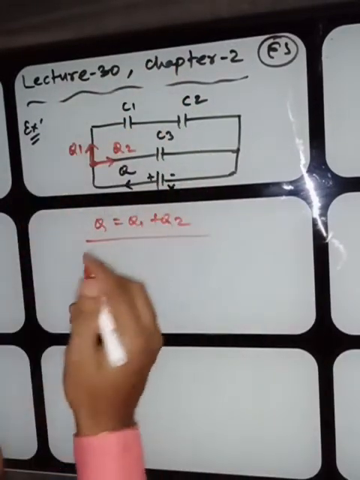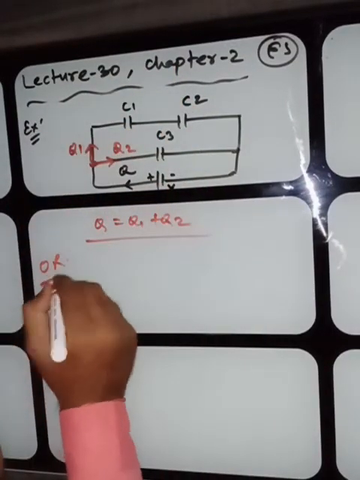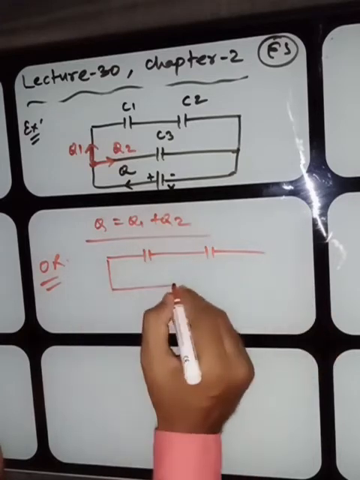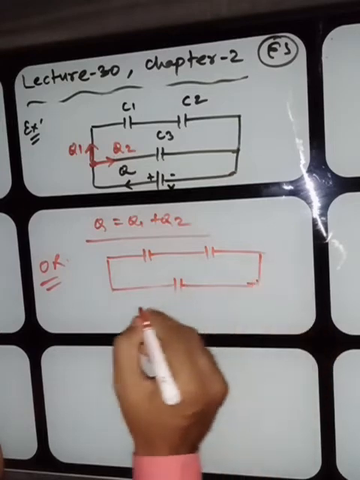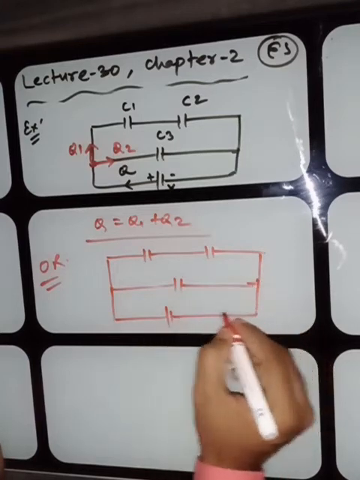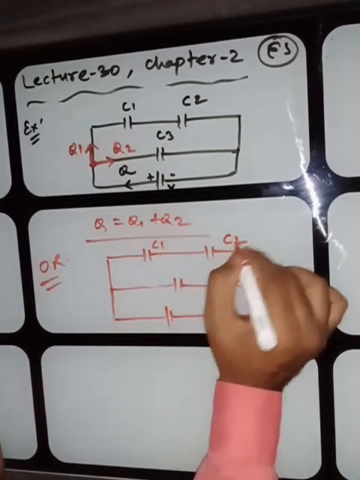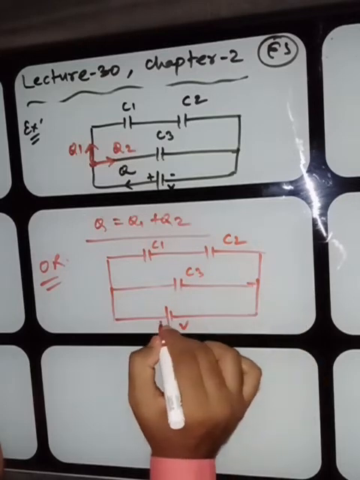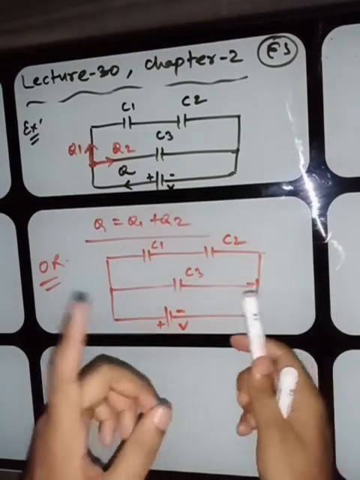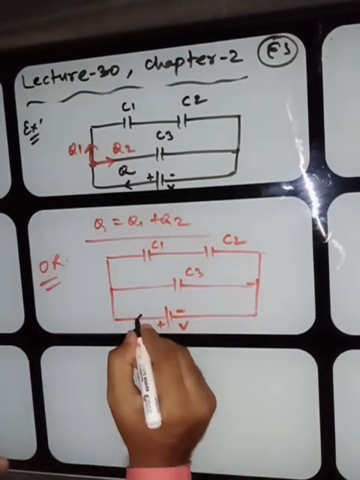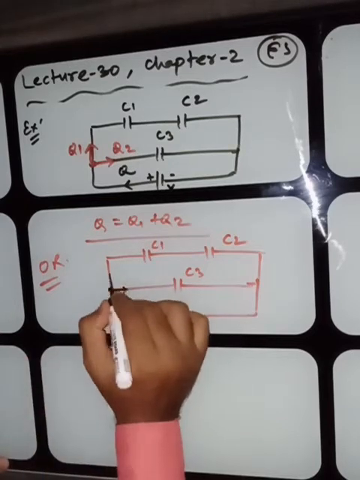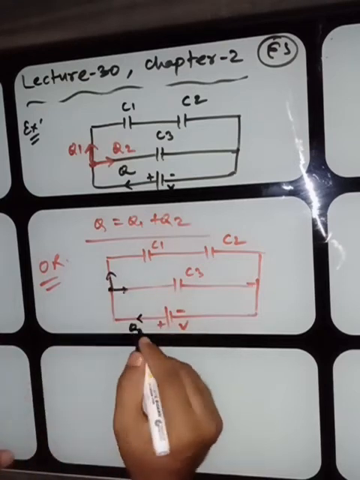In the same way as we have studied to distribute the charge, those students who are not getting it, kindly see carefully. Again I am distributing the charge. Suppose C1, C2, C3, battery, positive and negative terminal. Remember, from the positive terminal charge starts moving. So Q, at this point, finds two paths, then it will break itself.